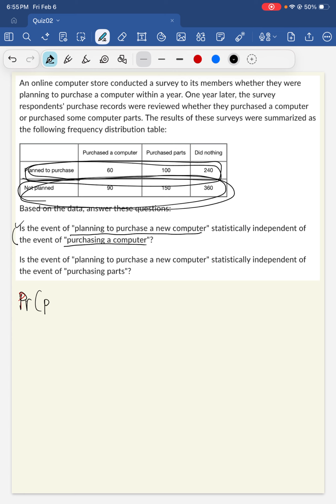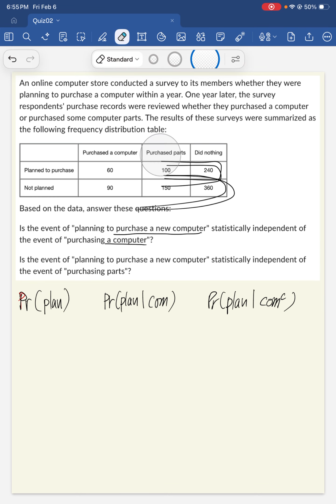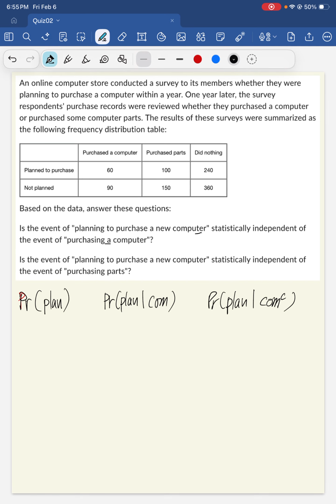So you may calculate plan as the main event: the probability of those who planned out of those who bought a computer, and the probability of those who planned out of those who did not buy a computer. Okay, so we know the result. The result should be equal, but let me just calculate it.